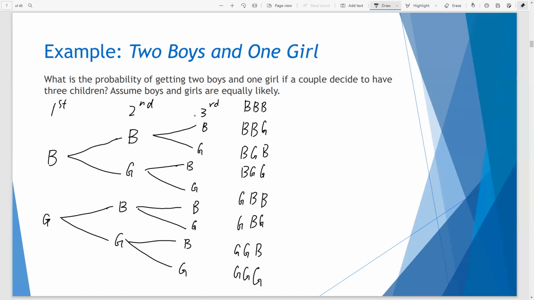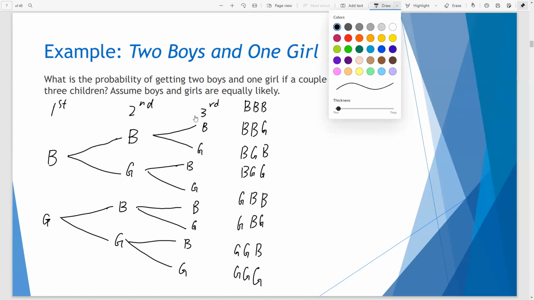So for this procedure, we have 8 outcomes, right?